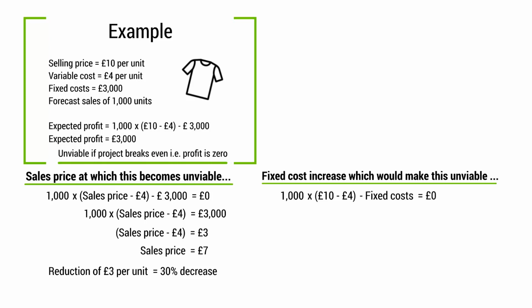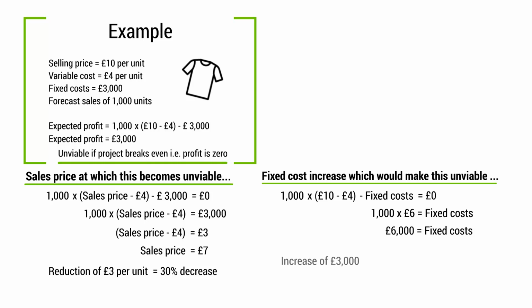So again, as before, we will rearrange the calculation. We've got 1,000 multiplied by the contribution of £6 equals the fixed costs. So 1,000 times £6 gives us £6,000 in fixed costs. So if fixed costs were to be £6,000, the project would be unviable.